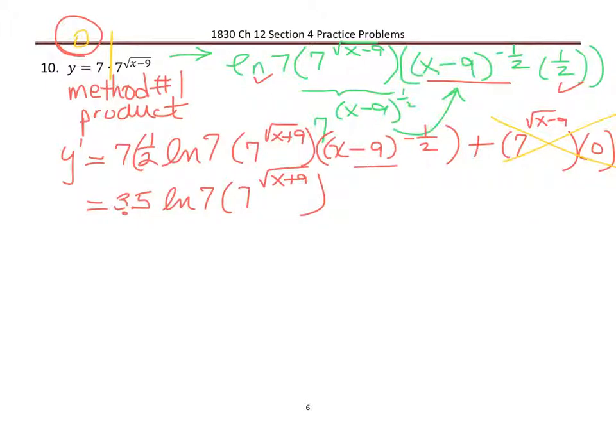And since this power is negative, we bring it down to the denominator, and it becomes a positive 1/2 power.